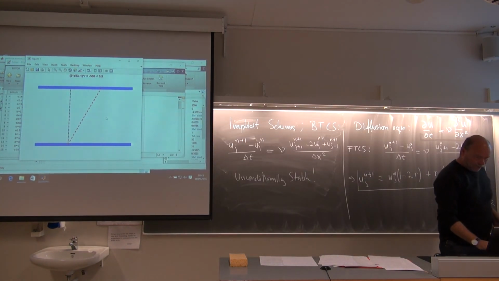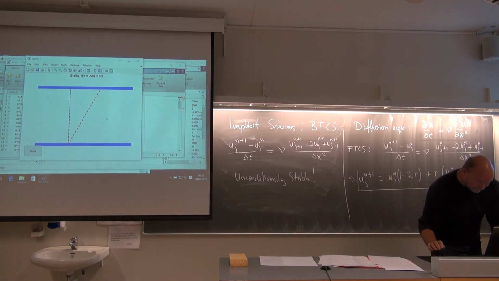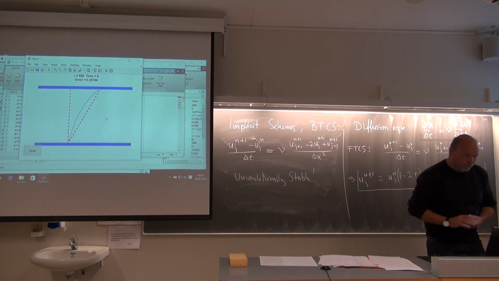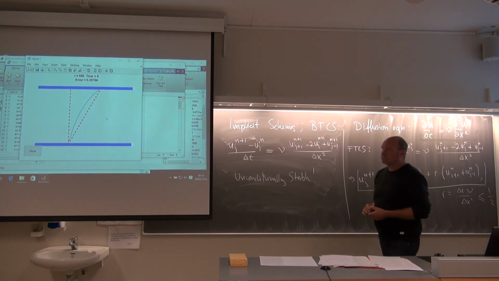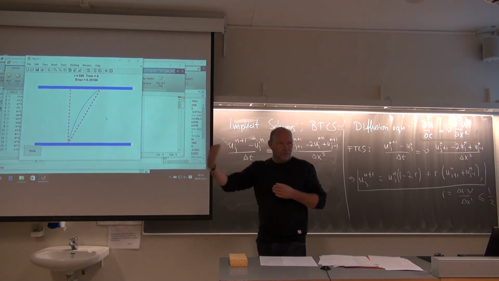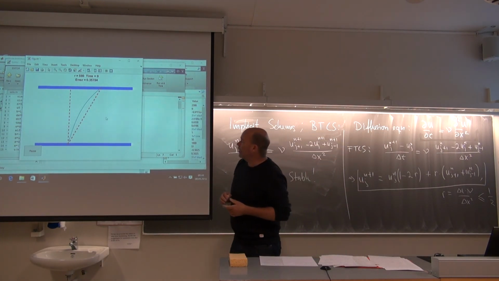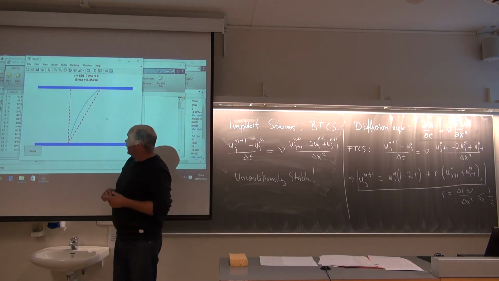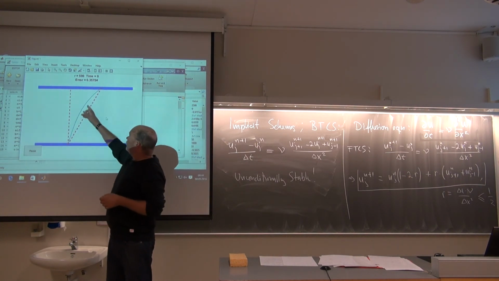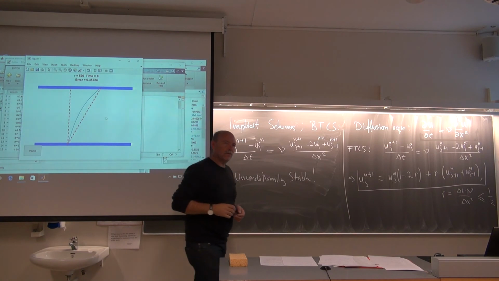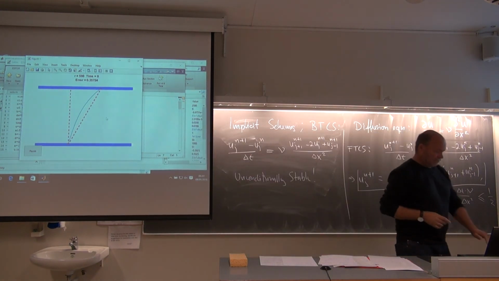So now let's see what happens. That's the first time step. So you really jump very far ahead in time. And yes, it looks so stupid, but you have a very big error.